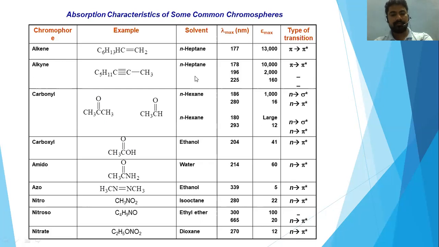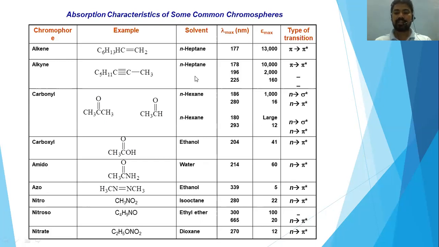There are six, but the widely occurring transitions are the π to π star electron transition and the n to π star electron transition. Right, here, whenever this acetone molecule is dissolved in n-hexane solvent, it will exhibit a band at 186 nanometers pertaining to the n to sigma star transition.